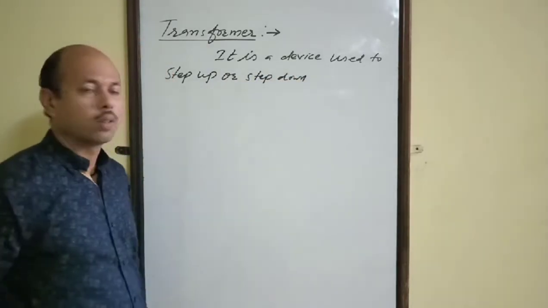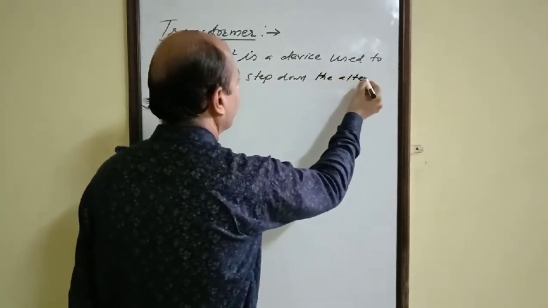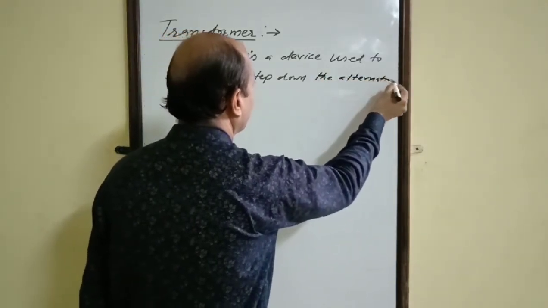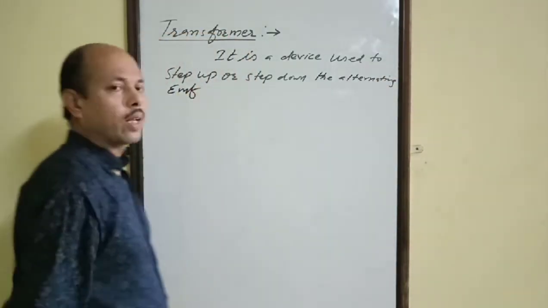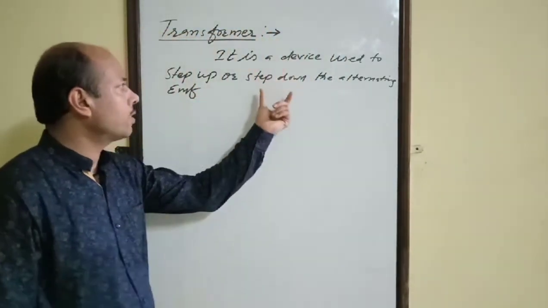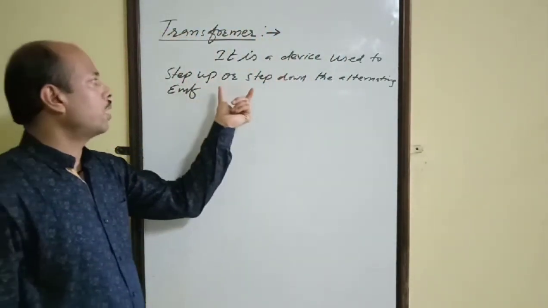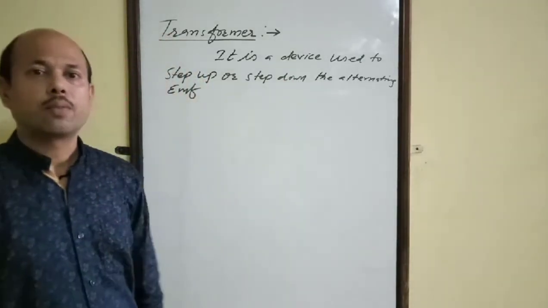Alternating EMF or alternating voltage. This is a transformer. A transformer is a device which is used to step up or step down the alternating EMF.